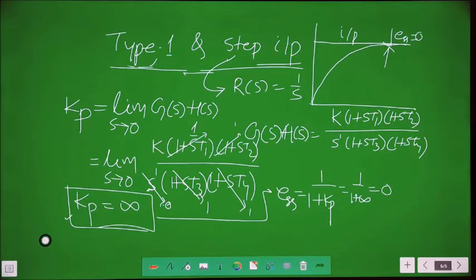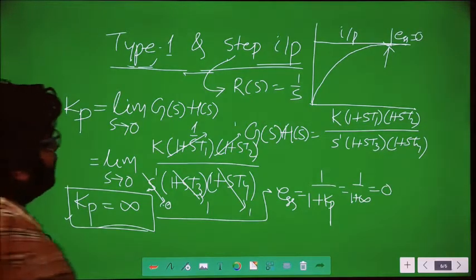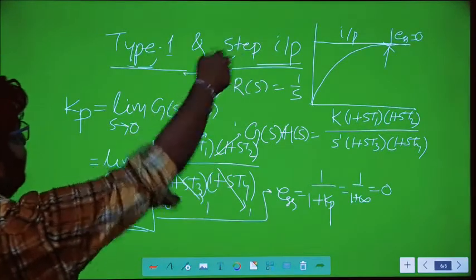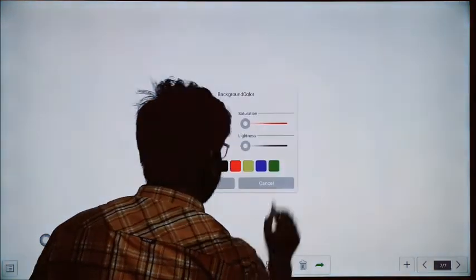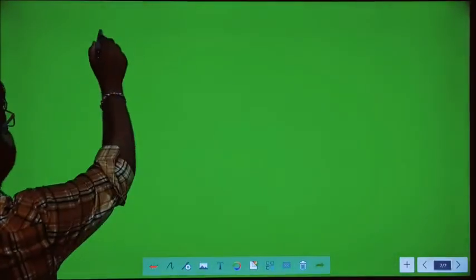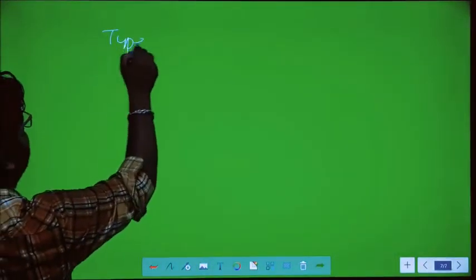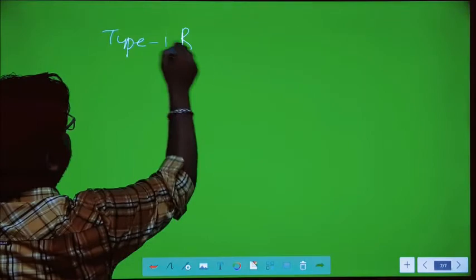Clear? Very good. So let us change the input to a ramp input and see what is happening. Same type 1, ramp input.